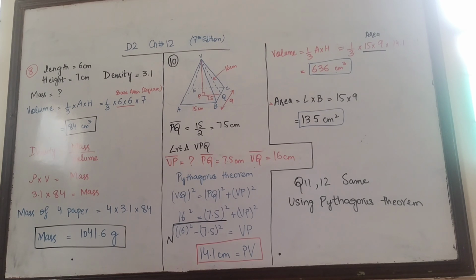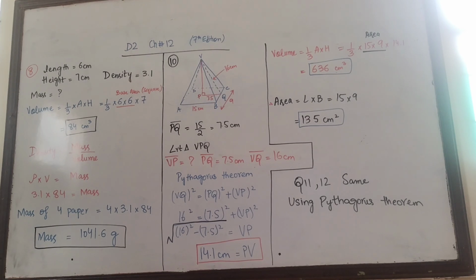You are given the side AB, which is 15 centimeter, BC, which is 9 centimeter, and VQ, the slant height, which is 16 centimeter. You have to find out the height.